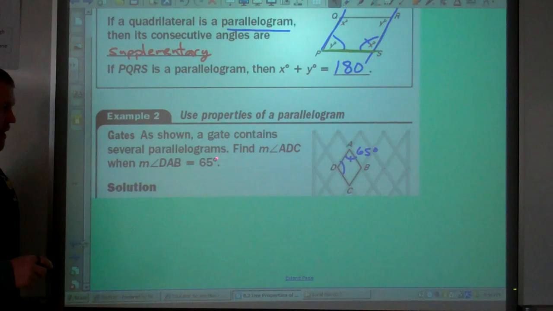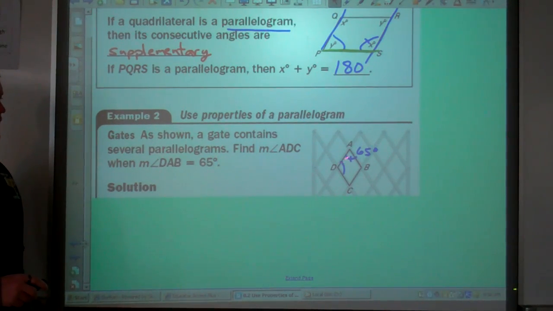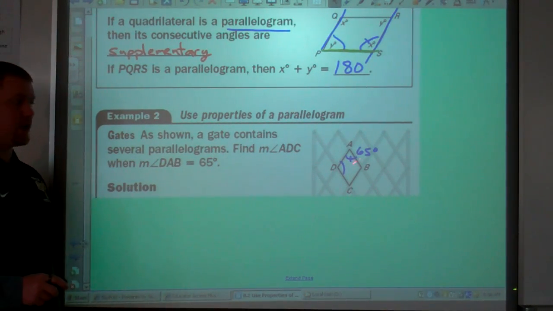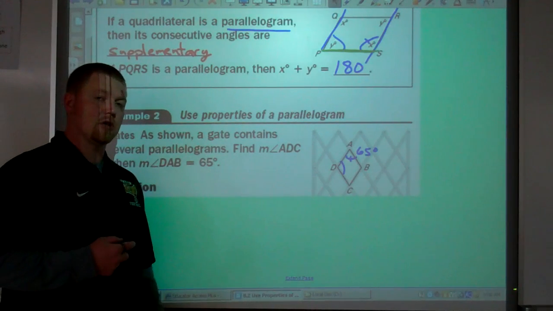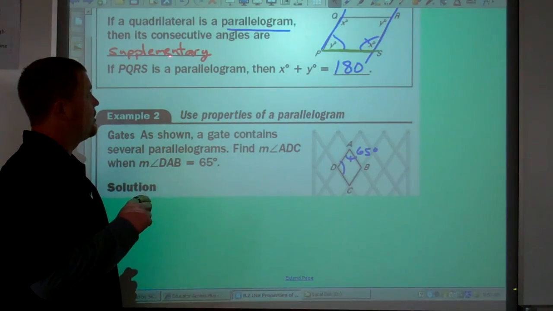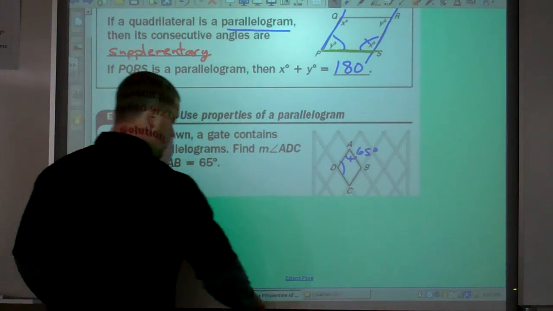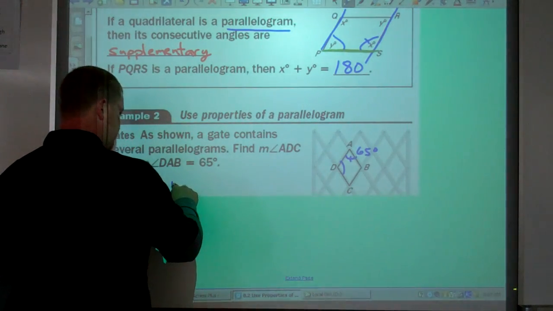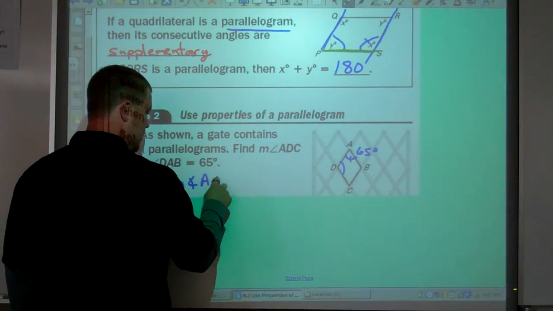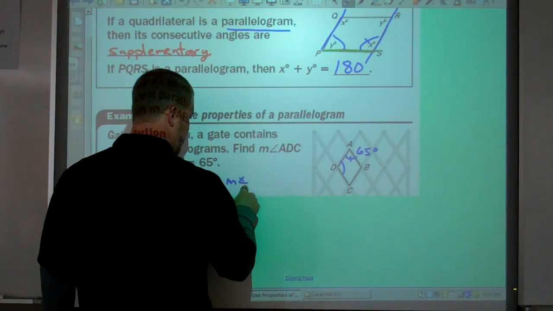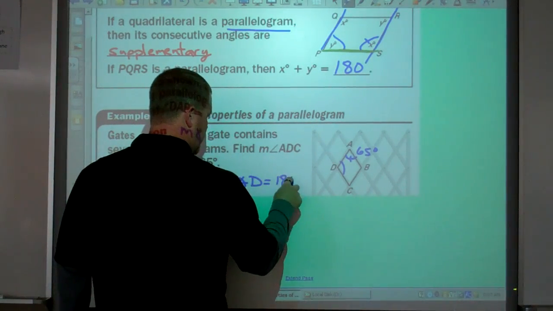Again, we have a parallelogram, and these angles, are they opposite or consecutive? Because if they're opposite angles, they're congruent. If they're consecutive, they're supplementary, and these are consecutive angles. So the measure of angle A plus the measure of angle D must equal 180 degrees.